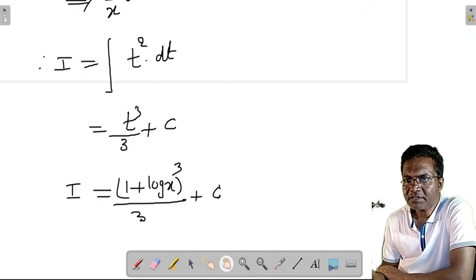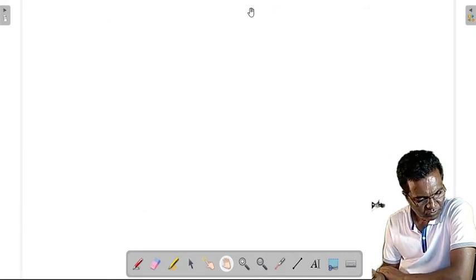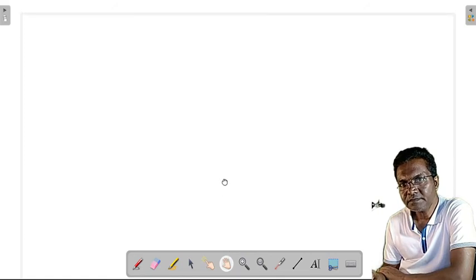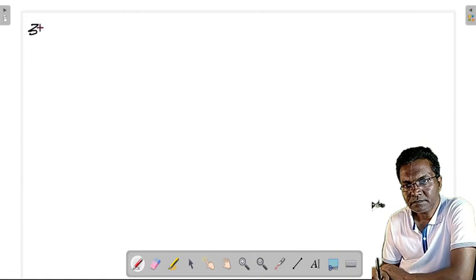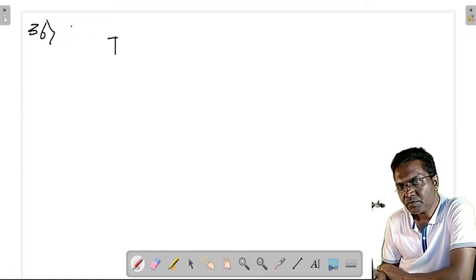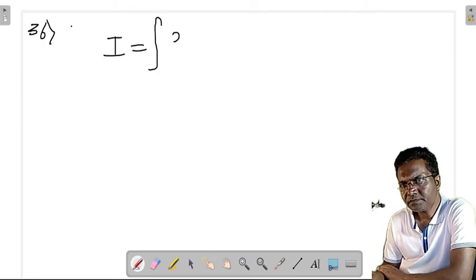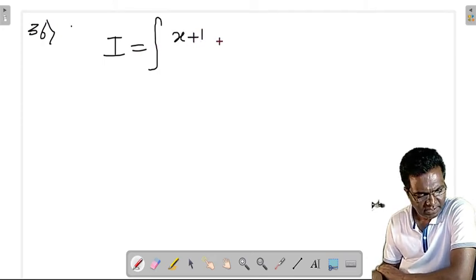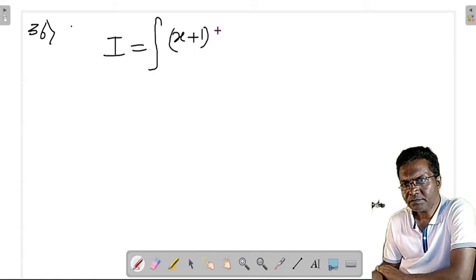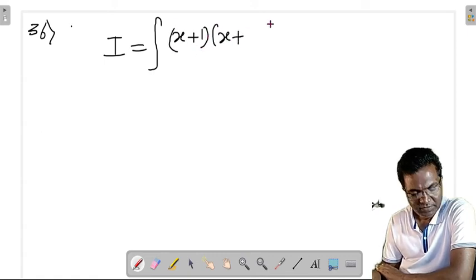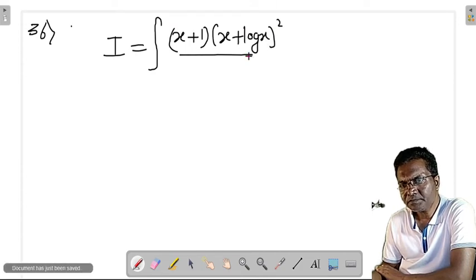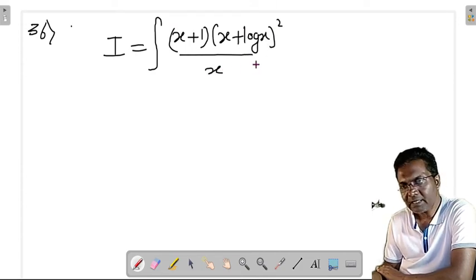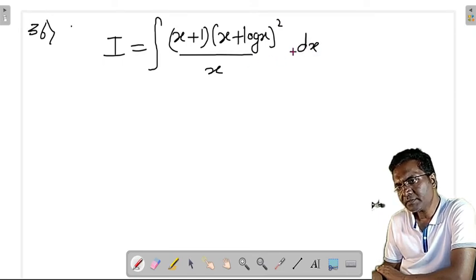So let's have one more example, question number 36. You are asked to integrate (x plus 1) into (x plus log x) whole square by x with respect to x.